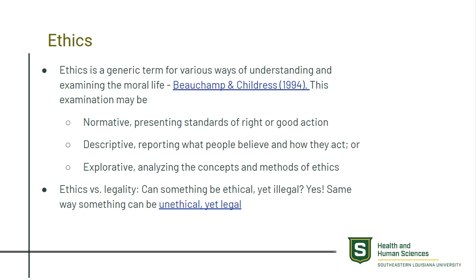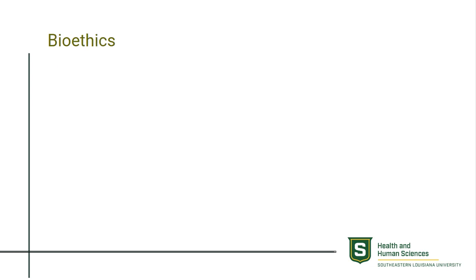Some of the decisions that go into lawmaking are not based on ethics, meaning that something can be legal and yet not be ethical. When we're examining the moral life, or what is right or what is wrong, ethics looks at it beyond whether something is legal or not.